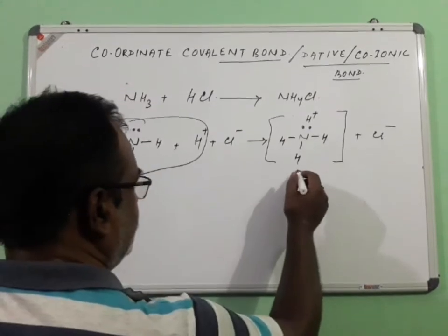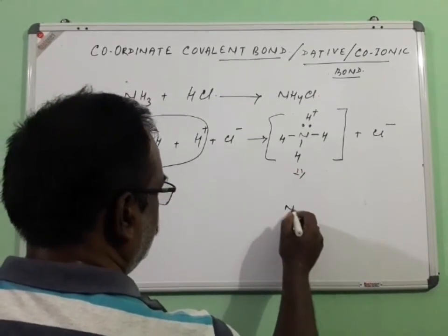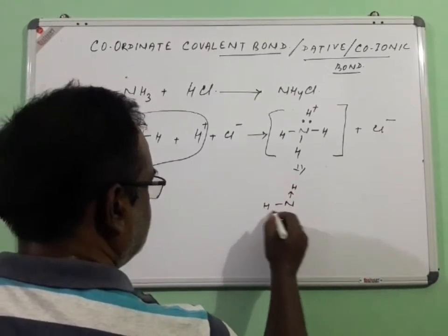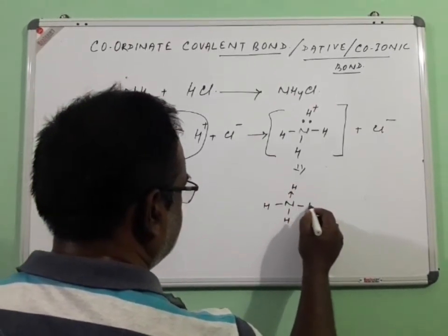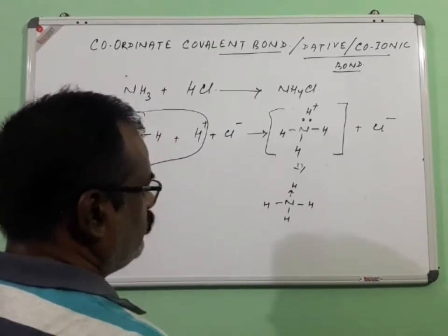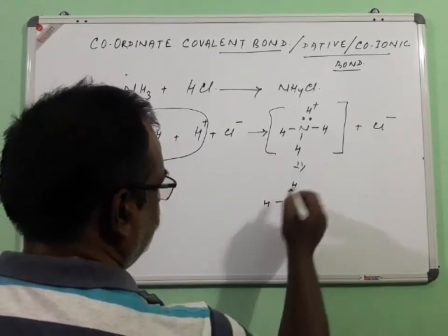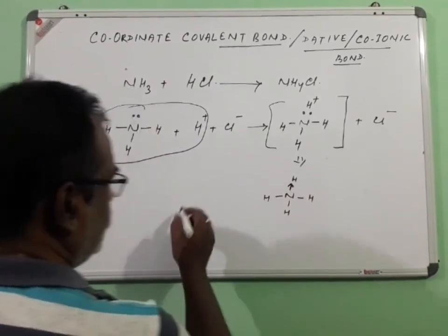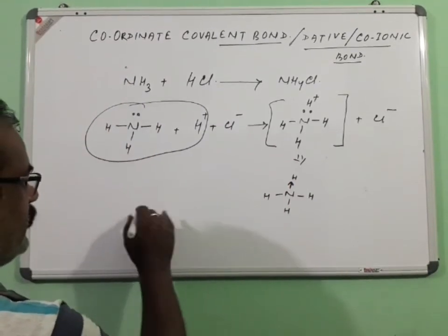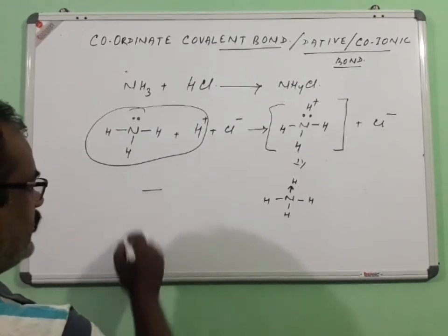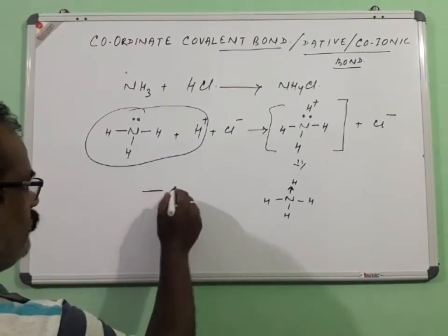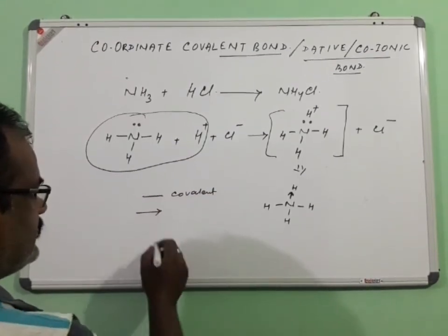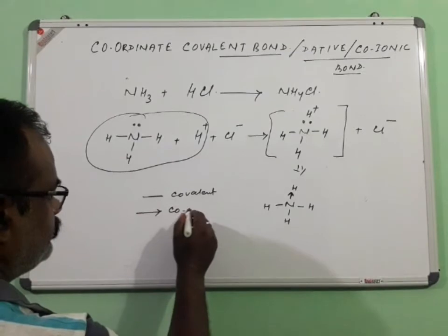Now there is the formation of ammonium, which has four hydrogen atoms, out of which three are purely covalent, whereas one hydrogen ion is coordinate covalent, which is symbolized by an arrow. Remember that whenever we represent a covalent bond, a simple line represents the covalent bond, but an arrow indicates the coordinate bond.